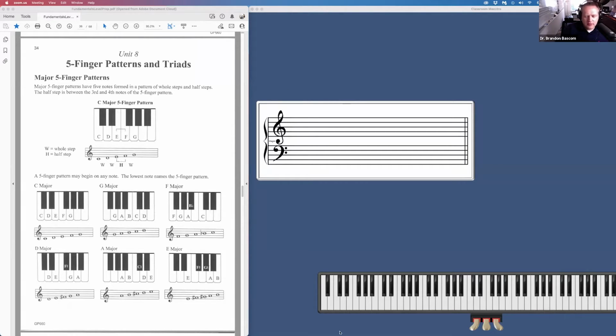The formula for a five-finger pattern is first note, whole step, whole step, half step, whole step.